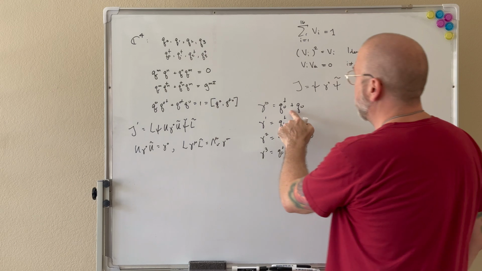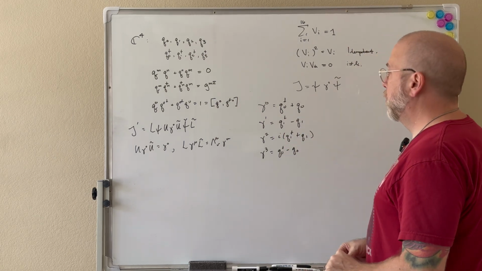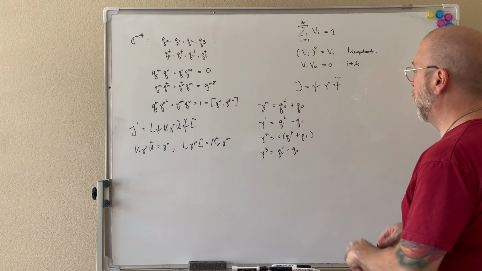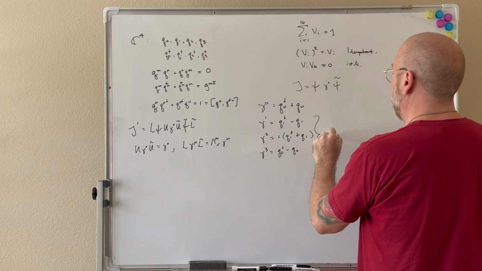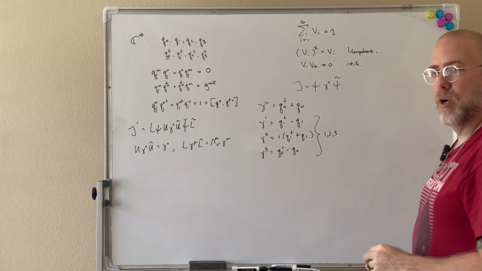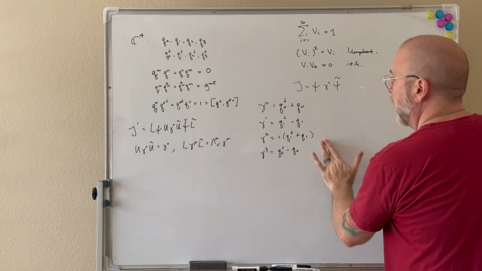Well, gamma 0 is this. It contains elements of Q0. If that's the case, then all of my U's are only rotations between Q1, Q2, and Q3. Right?